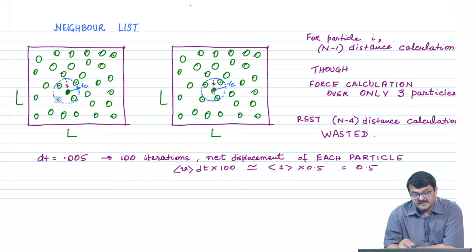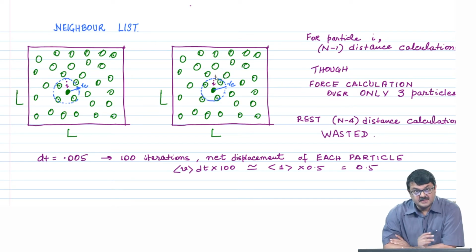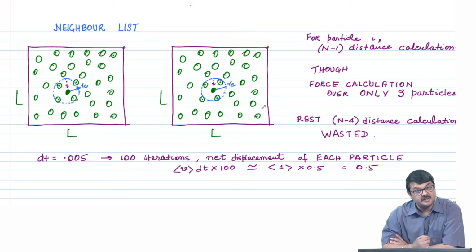After 100 iterations, a particle might have moved half its radius, so that the i-th particle is not interacting with this particle, but now it is interacting with this particle. It is a consequence of the motion, but still particle I is not interacting with all these other particles.